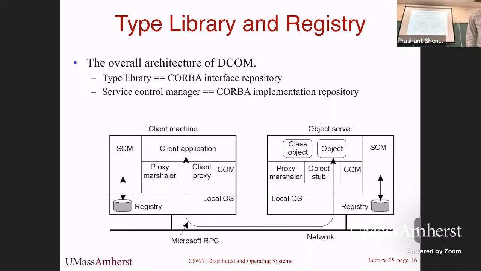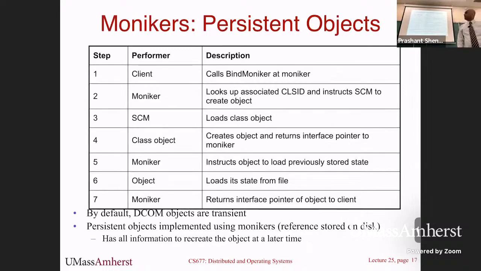Okay? And then there is an implementation repository, which is called the service control manager. That is where the code of this object is essentially going to reside. So you will see that there is an SCM that's going to load the code to run the application. Okay? So that's a simple example of how CORBA applications work.